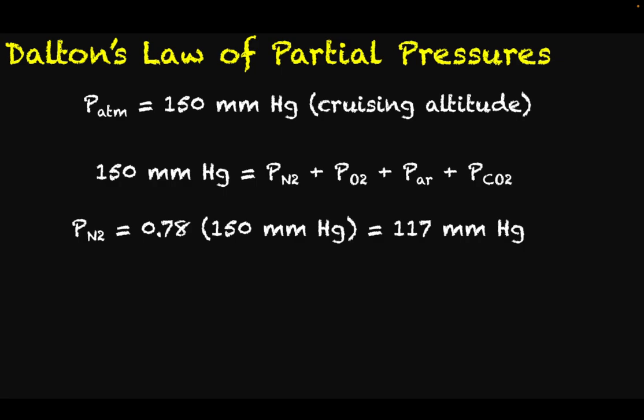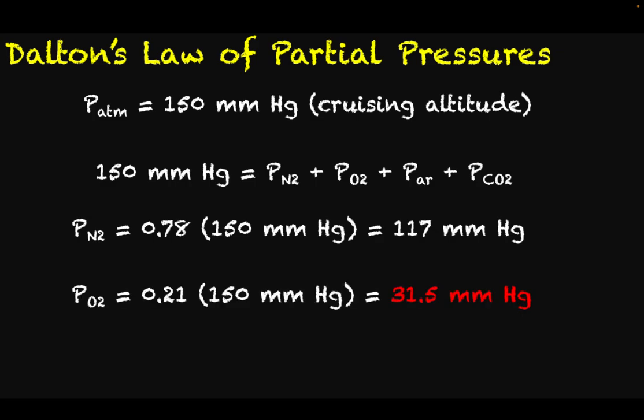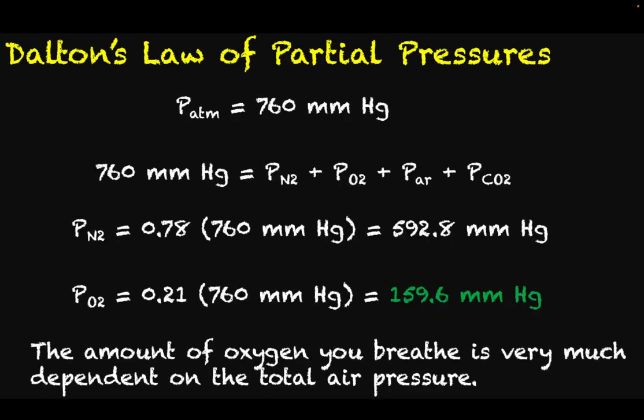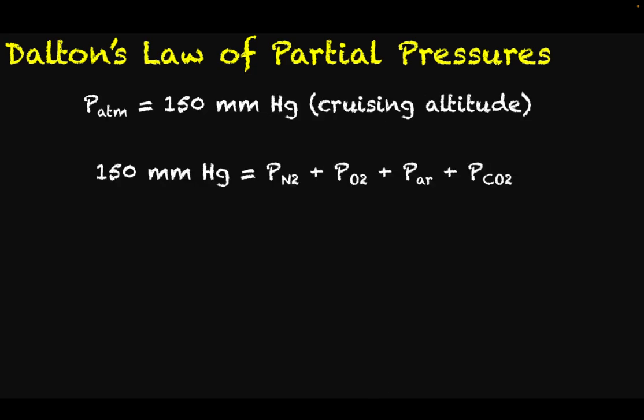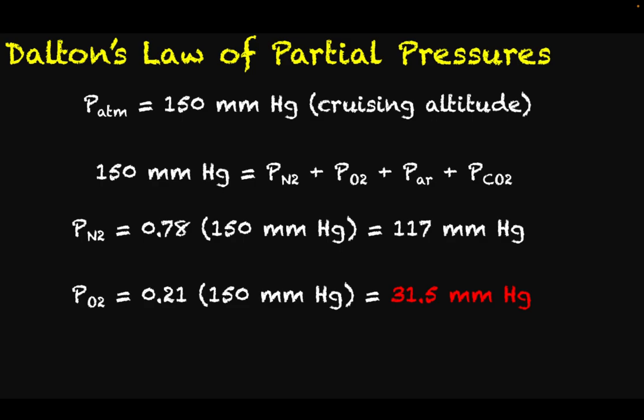But that's not very interesting because even though nitrogen is the most common by far gas that you find in Earth's atmosphere, it's actually not terribly important in human biology. Our cells don't really use nitrogen for anything at all. But obviously our cells do make use of oxygen, and at a cruising altitude of 30,000 feet, your partial pressure of oxygen, which previously was 159.6 millimeters mercury, drops down to 31.5 millimeters mercury.